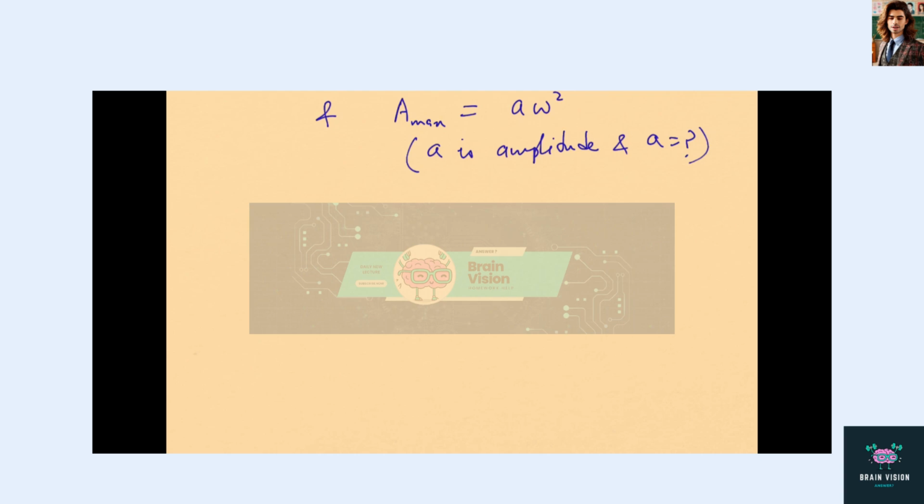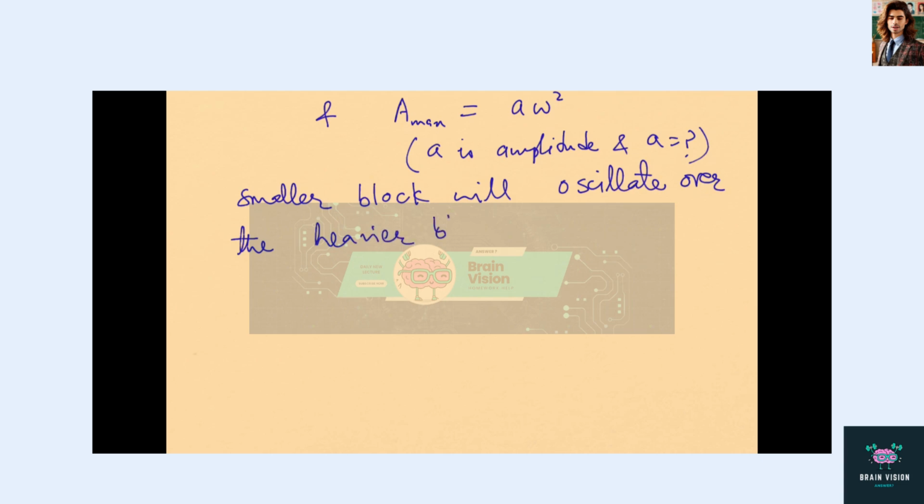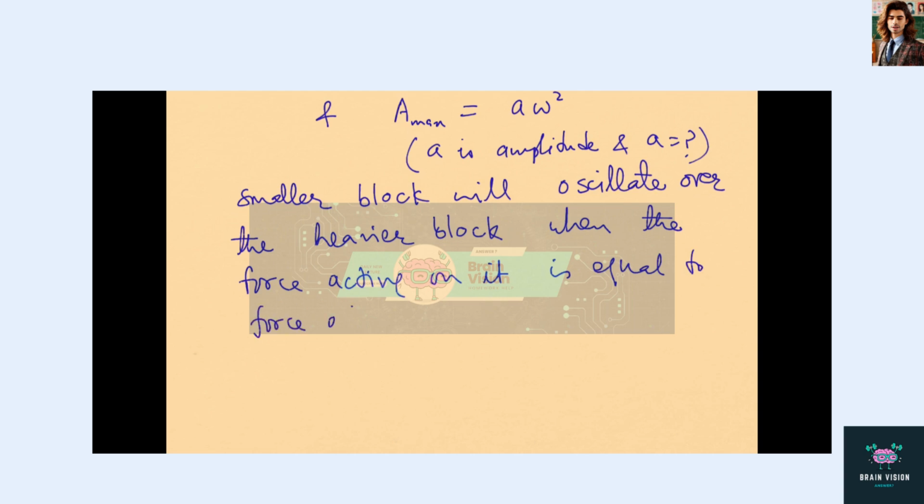It means the smaller block will oscillate stuck over the heavier block only when the force acting on it is equal to the force of static friction acting between the two blocks.